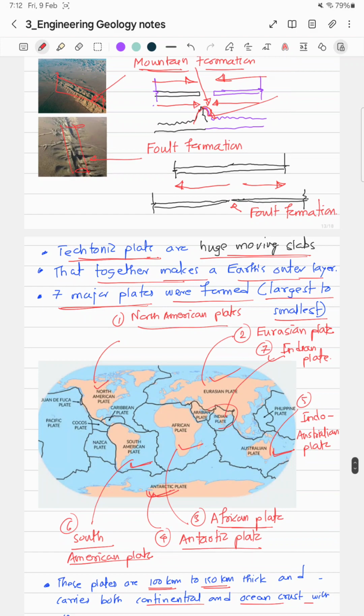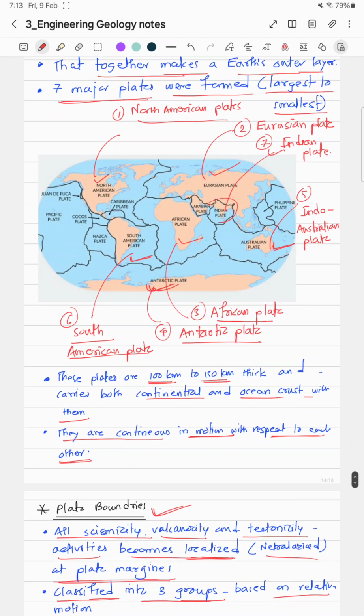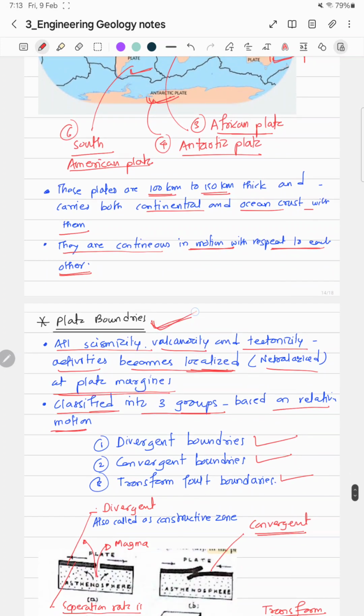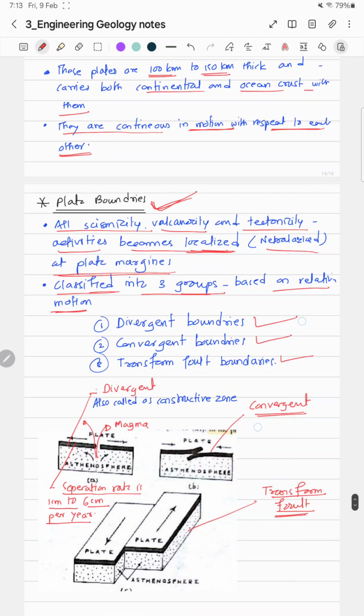Then we have seen the thickness of the plates, 100 to 150 kilometers, and the plate boundaries: divergent, convergent, and transform fault boundaries.